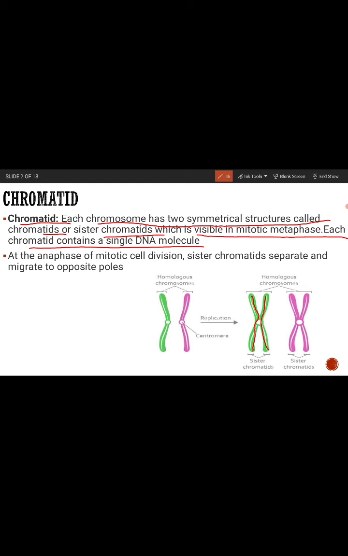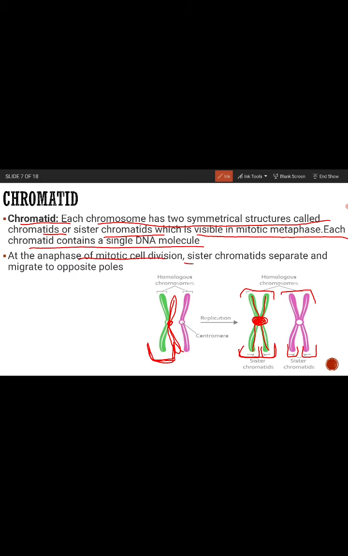Before cell division, generally one chromatid is present in the cell, but when the cell needs to divide, it is replicated and forms another sister chromatid containing another DNA molecule, so that during mitosis these two sister chromatids will be separated. So these two are sister chromatids, this one and this another, and these two are homologous chromosomes.